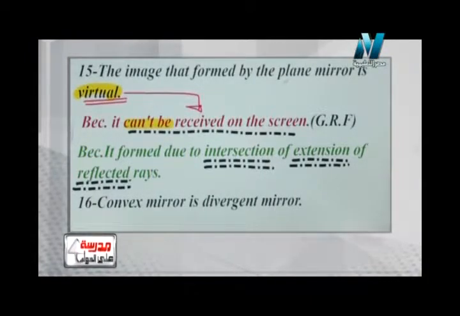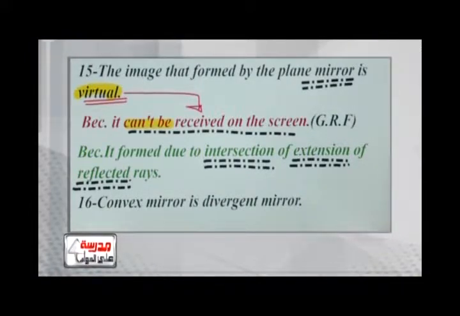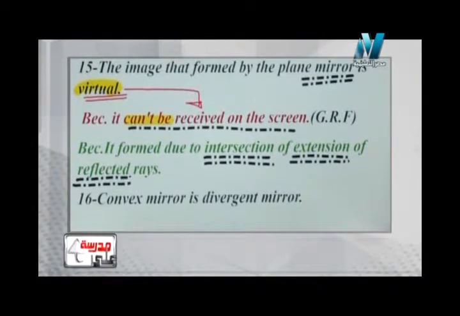Because we talk about a mirror and the mirror reflects the light rays, as we studied before in primary stage. So we have question 15 and the answer becomes a question as give reason for also, and we can explain why the virtual image can't be received on the screen. Okay.